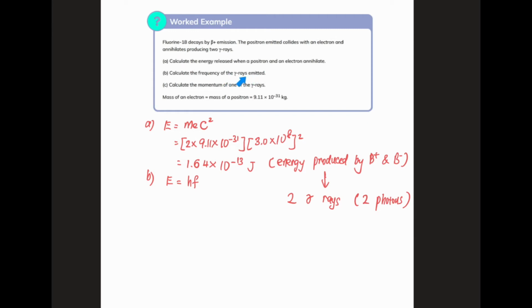So that is one of the gamma rays. One of the gamma rays will take half of the energy, another gamma ray will take the other half. So the energy is hence 1.64 times 10 to the power of negative 13 divided by 2.